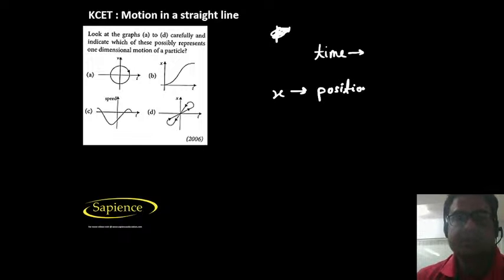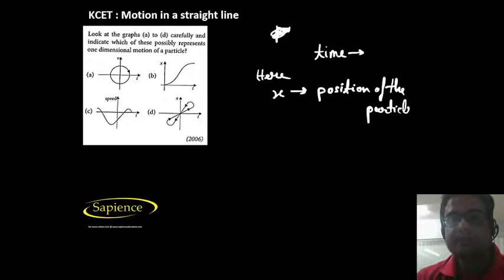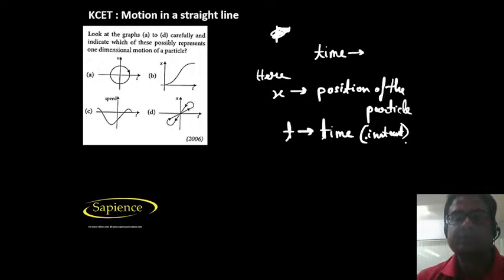Here X is the position of the particle, and T is the time or instant at which the particle is located at some position.